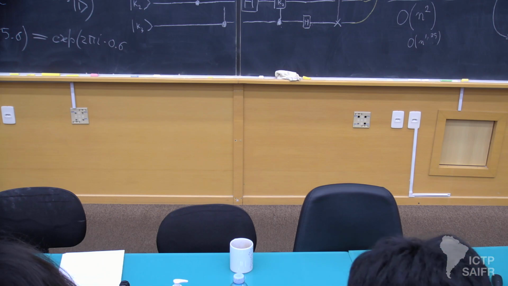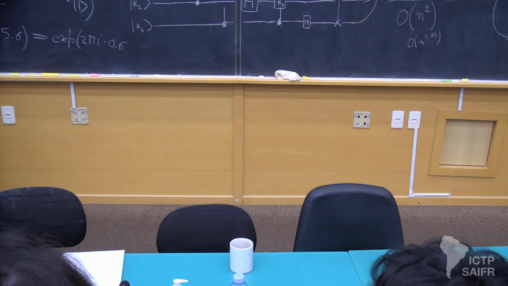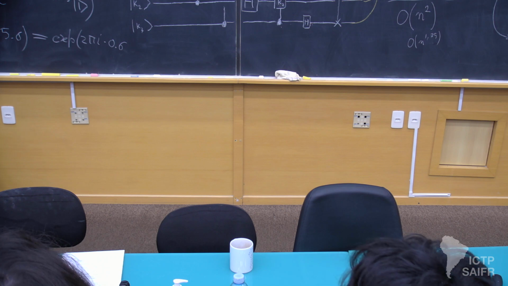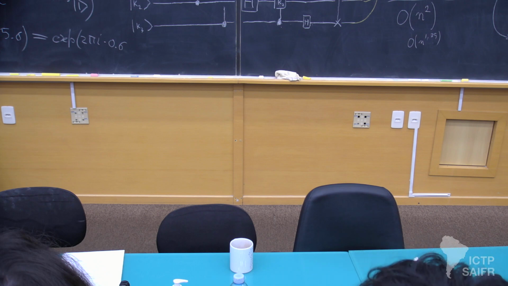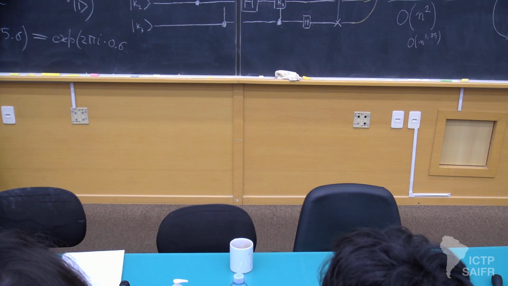And now, black magic, that I leave as an exercise: you realize that doing this over this state, the final state becomes the Fourier transform of 2^n phi, psi.